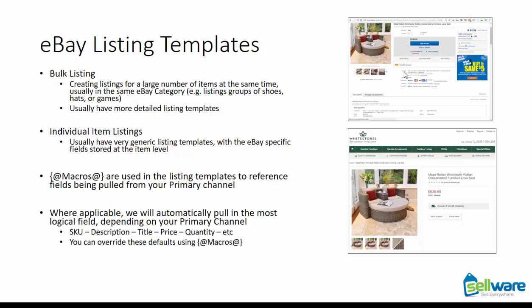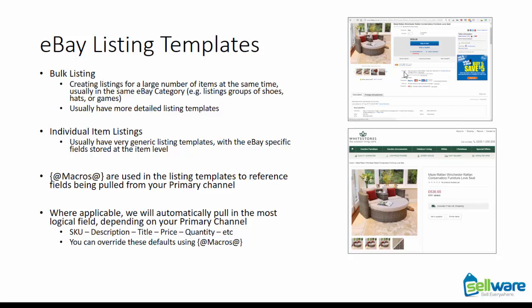So a bulk listing scenario is usually used when you're creating listings for a large number of items. Like I said, if you had a few hundred different brands of boots or shoes, but they're all going to go into the eBay boot category, you could use a checkbox select option and send all 100 of those different groups of items to eBay directly to create the listings. Those usually have more detailed listing templates.